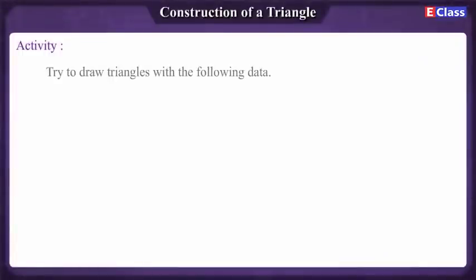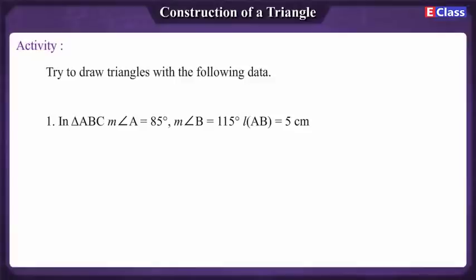Activity. Try to draw triangles with the following data. 1. In triangle ABC, measure angle A is equal to 85 degrees. Measure angle B is equal to 115 degrees.